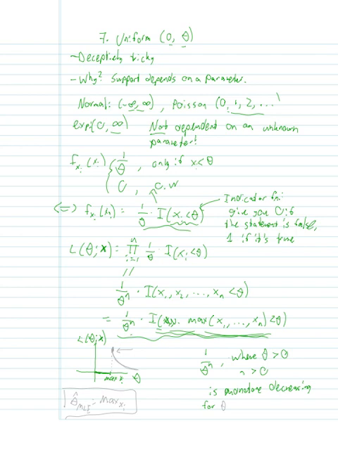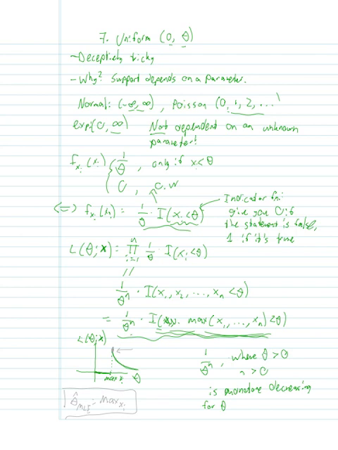For theta, the bigger that theta is, the smaller that 1 over theta to the n is, put another way. So we have something like that for what this will look like.